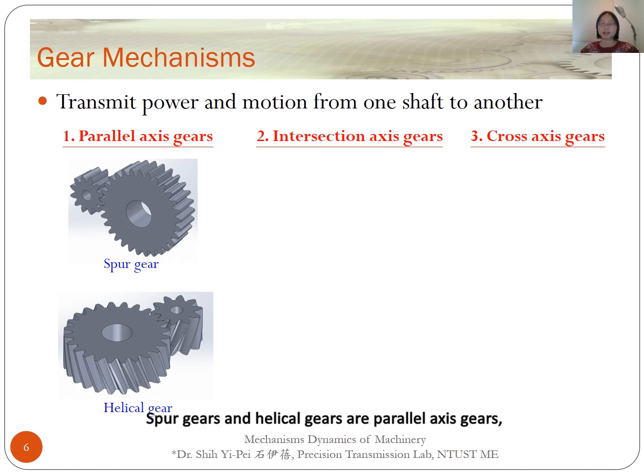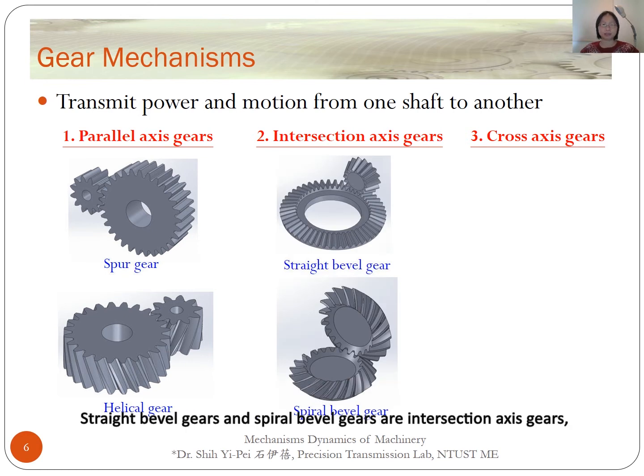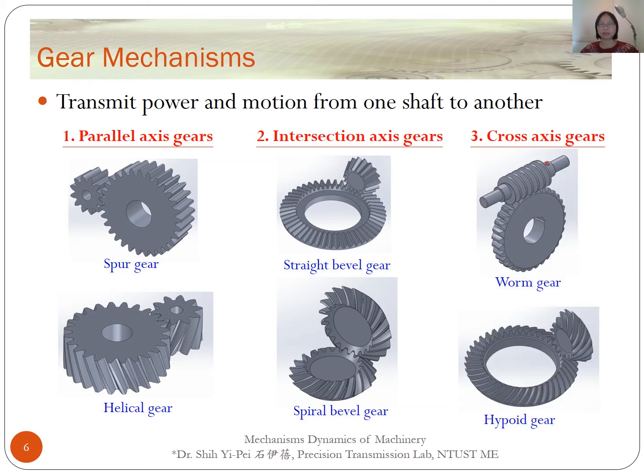Spur gears and helical gears are parallel axis gears. The axes of the 2 gear shafts are parallel to each other. Straight bevel gears and spiral bevel gears are intersecting axis gears. The axes of the 2 gear shafts intersect. Worm gears and hypoid gears are crossed axis gears, and the gear axes do not intersect.